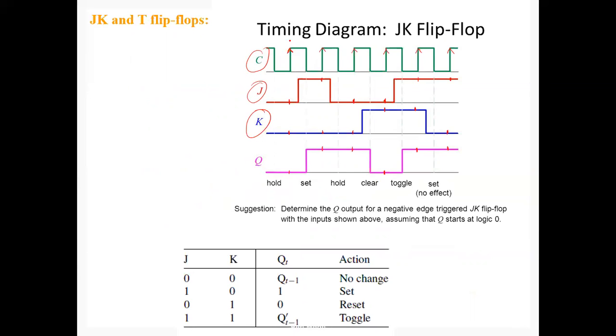This is your 1, 2, 3, 4, 5, 6. At point 1, what is your J? 0. K is 0. When J equals 0 and K equals 0, what do you get? No change. So your Q was 0, it stays 0.